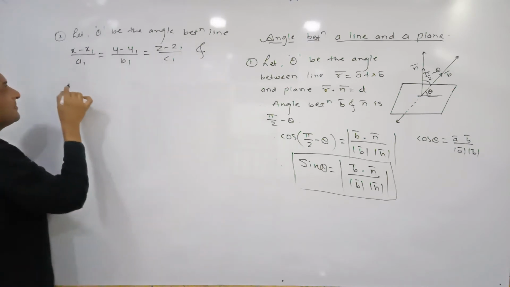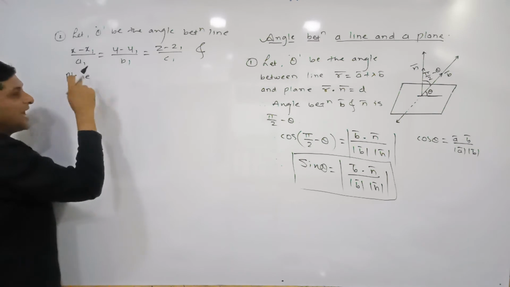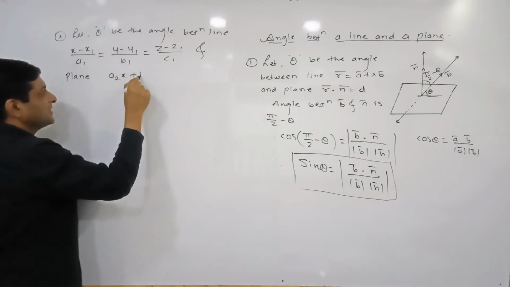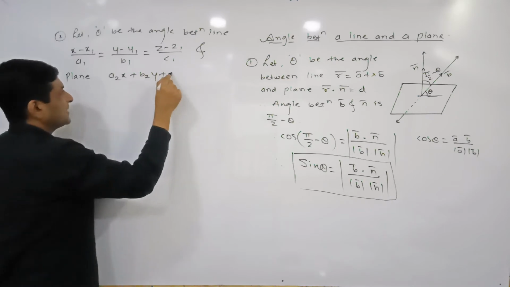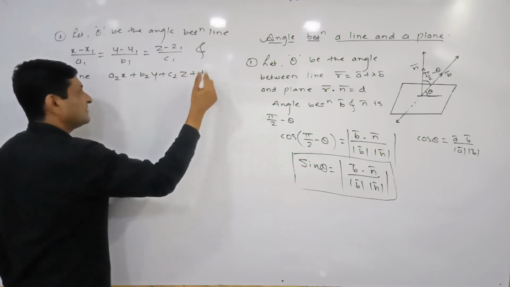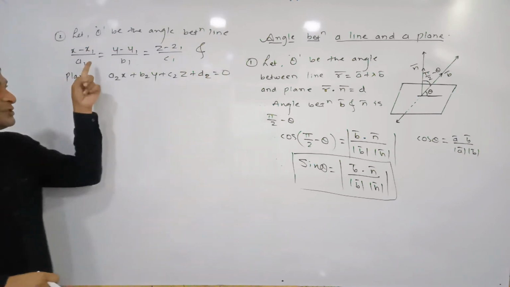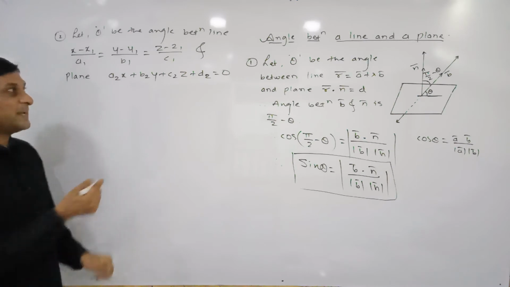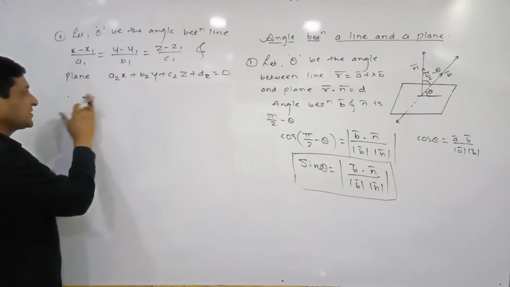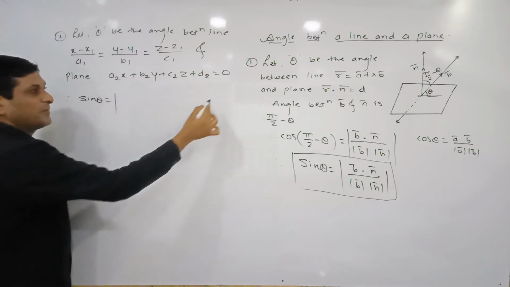And let the equation of plane be a2x plus b2y plus c2z plus d2 equals 0. So the equation of line is known to us, the equation of plane is known to us. Therefore, what result have we got here? Sin theta. We are just applying the same formula here.